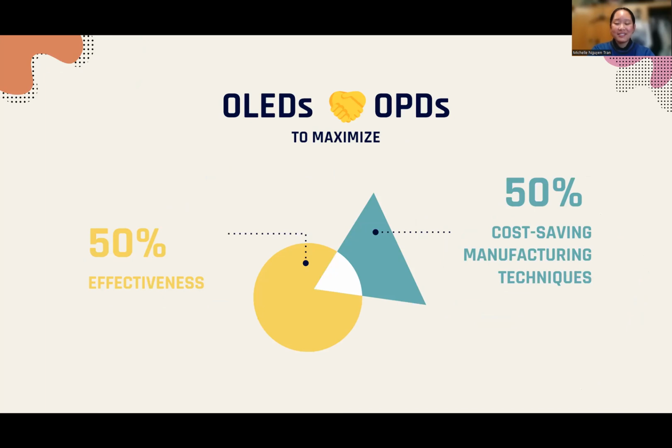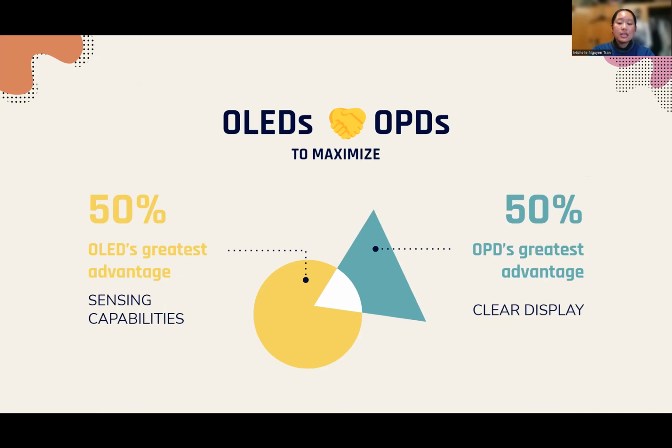Since these two are similar in fabrication, the team sought to test if OLEDs and OPDs would be able to function simultaneously, resulting in both sensing abilities, OPD's greatest advantage, and clear displays, OLED's greatest advantage. The team found that these units can be laminated into a microfluidic system for liquid sensing applications.